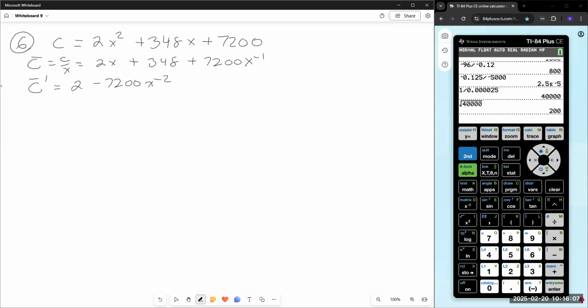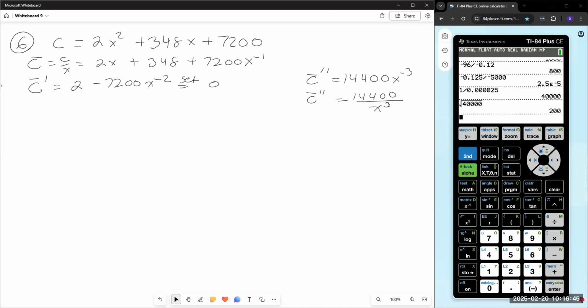And that makes C bar double prime equal to 14,400x to the negative third. C bar double prime is 14400 over x cubed.